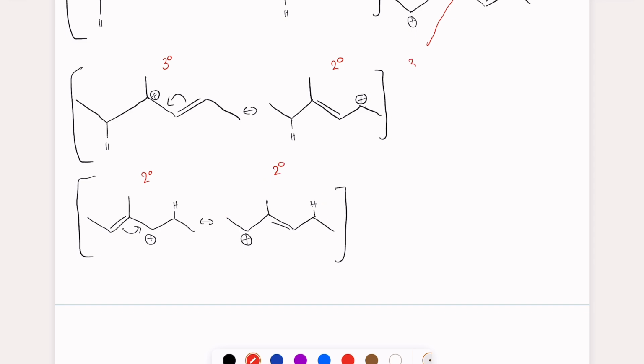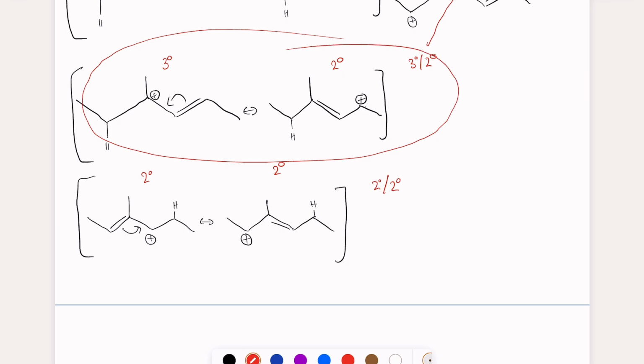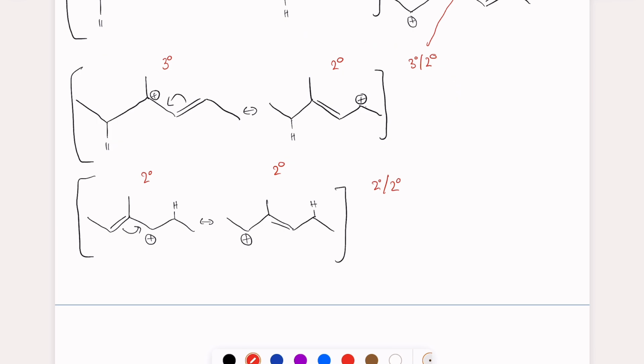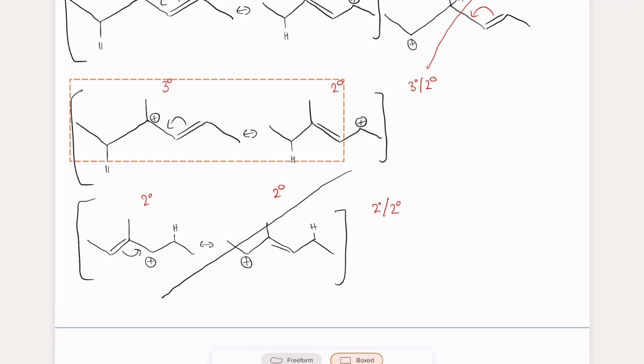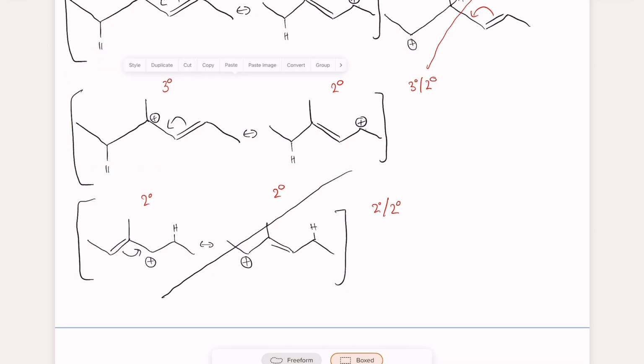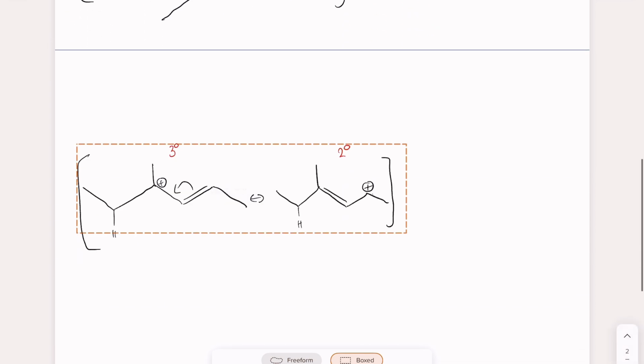Since the one above has a ratio of 3-2, the bottom has it 2-2, you can pick out that this is probably going to be your major product, or major products. So we can strike this one out, and we can deduce that this is going to give us our major product.